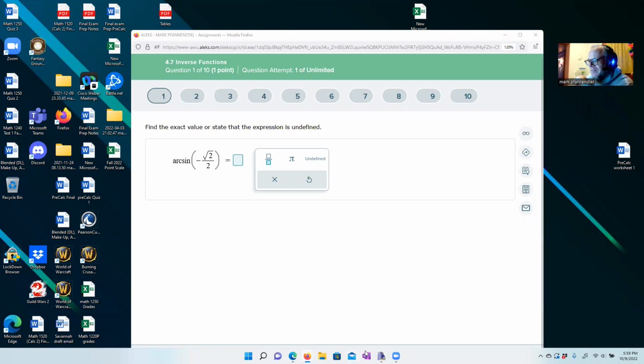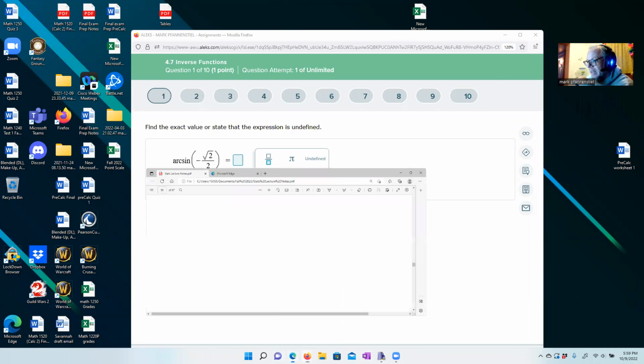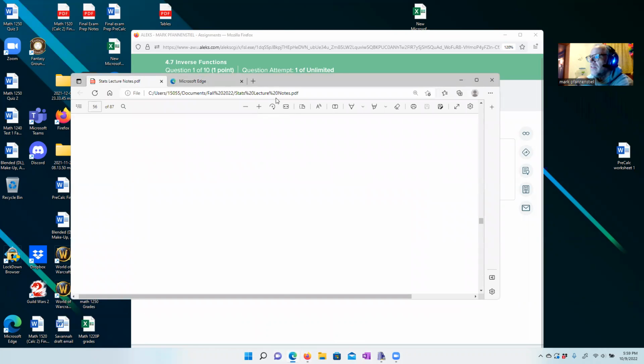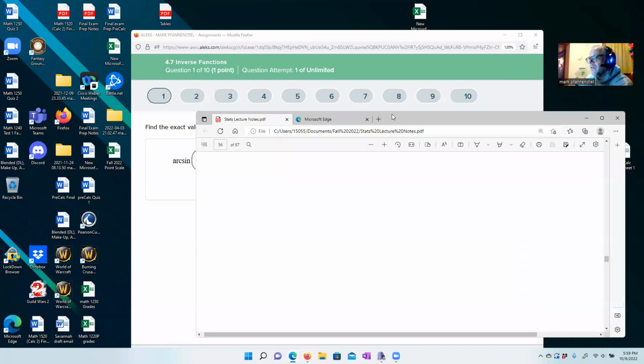But just to give you a preview as to what's going on here, we're going to be talking about inverse functions. So let me start off by drawing a little picture for us, and this is what we'll have. So if we talk about the sine function, we have the sine function, right?